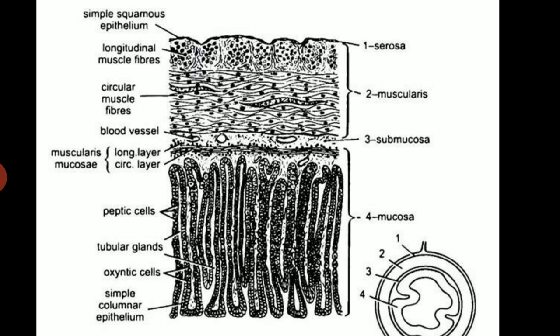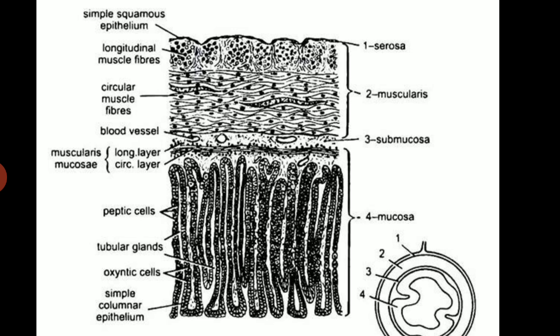In the transverse section, you can see all these parts, which include serosa, muscularis, submucosa, and mucosa and the associated cells, which we have discussed just now.